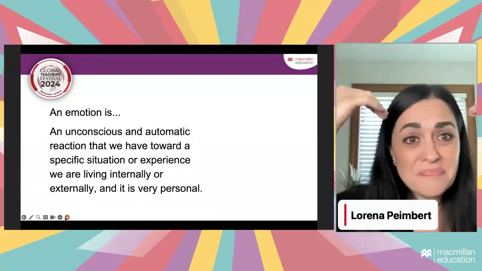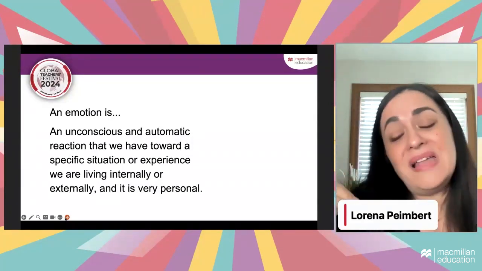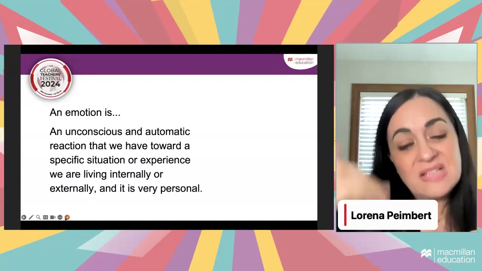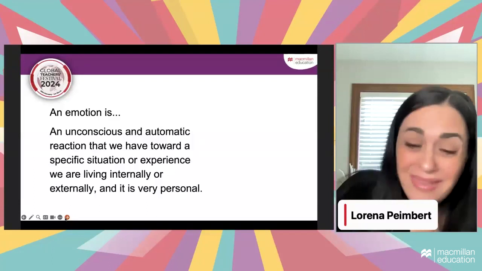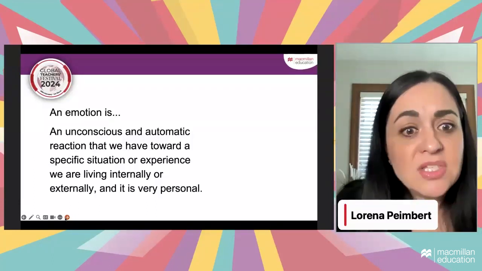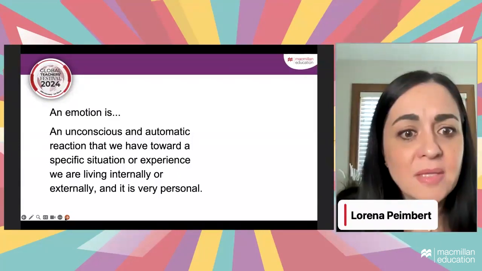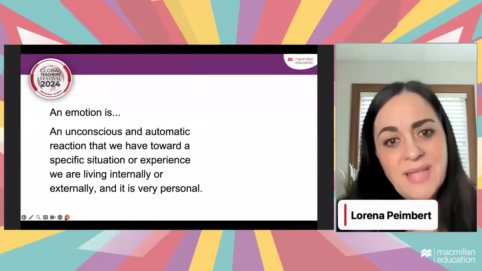Maybe I'm thinking about something and that is not leaving me alone, and that is making me feel hard feelings. Or maybe I'm feeling sick, and that is also making me feel hard feelings. Or externally, something happened in the environment or with a person, and I have emotions towards what is happening.